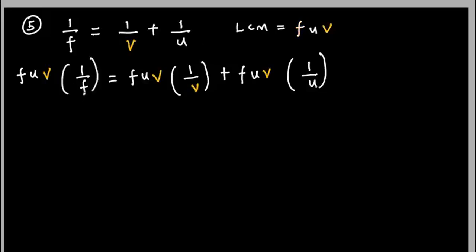So let's see what can cancel out. F will cancel out itself from here. V will cancel out itself from here. And U will cancel out itself from here. So what do we have left? We have UV times 1, that is UV.